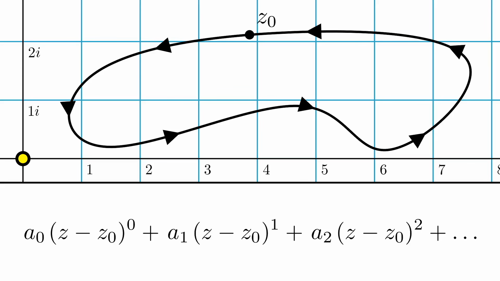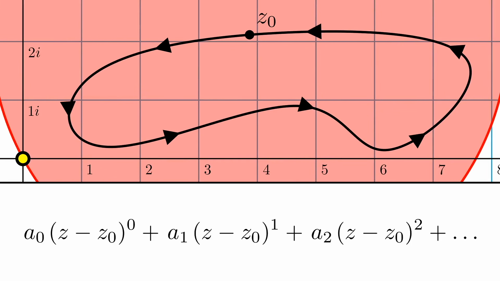Now, what we know from the previous video is that this Taylor series converges inside of this circle. Just to remind you, the Taylor series of a complex function will always converge within a disk whose radius is equal to the distance from its center to the nearest singularity, which in this case is at z equals 0.